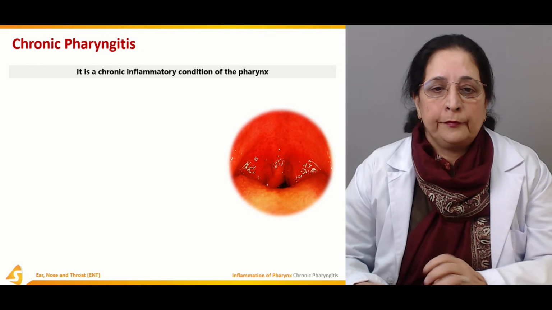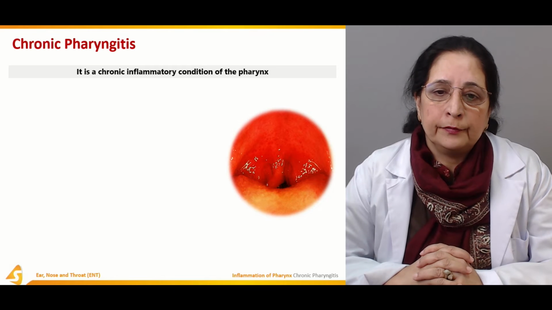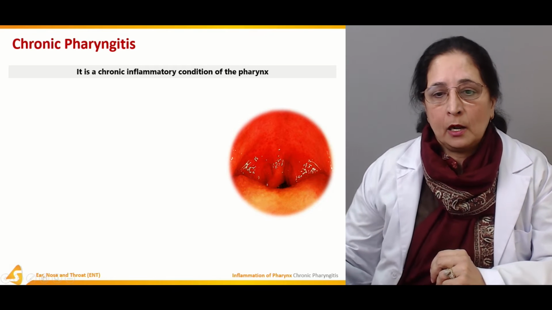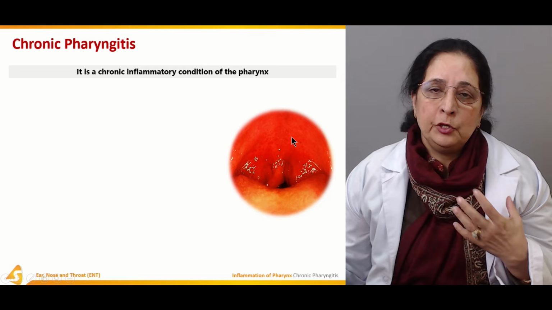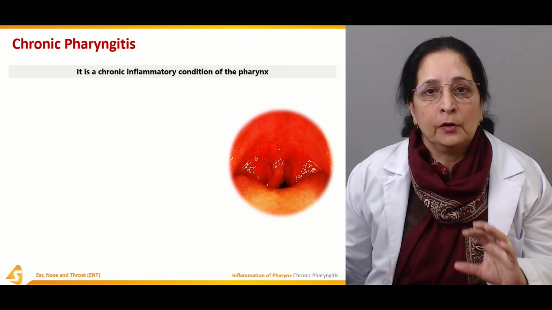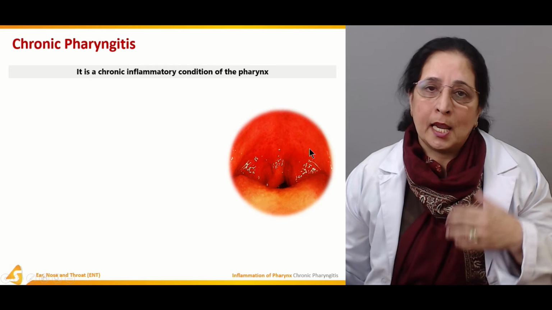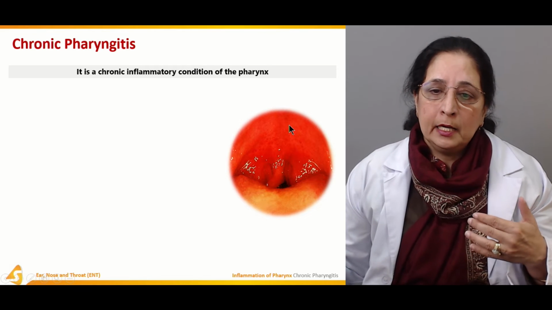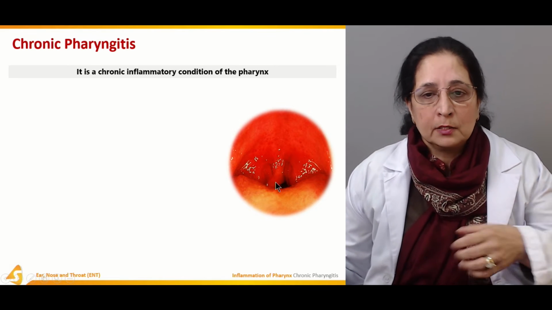So chronic pharyngitis is the chronic inflammation of the pharynx. In acute pharyngitis we notice redness and congestion of the throat or pharyngeal area, but here you can see that as it becomes chronic, it is even more hypertrophied or swollen.